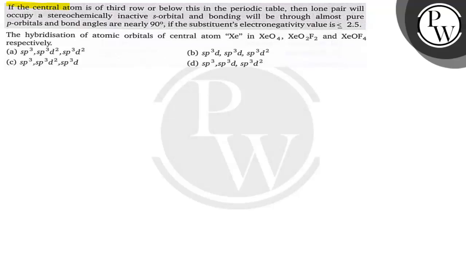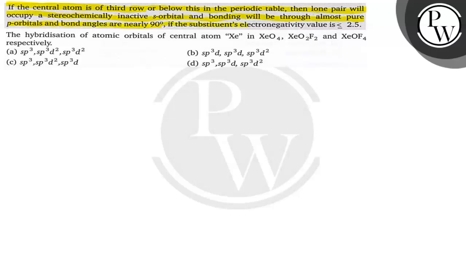If the central atom is of third row or below in the periodic table, then the lone pair will occupy a stereochemically inactive s orbital and bonding will be through almost pure p orbitals and bond angles are nearly 90 degrees.